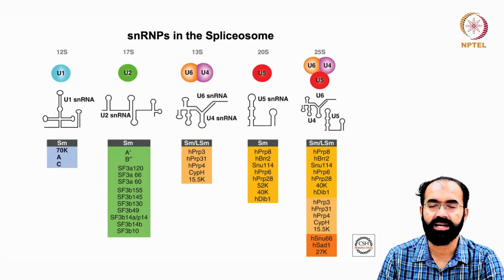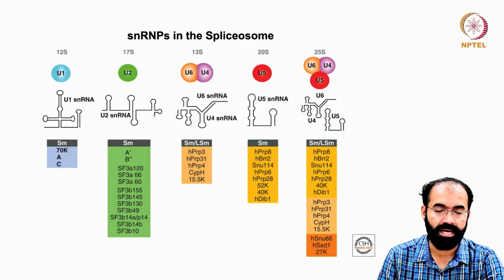This is the U2 snRNA, 17S. From the picture itself you can make out this is 12, this is 17, and the size is also much higher for the U2 snRNA. And these are all the possible complexes like A and C complex, and A star and B star complex, and you have multiple proteins associated with U2 snRNA.